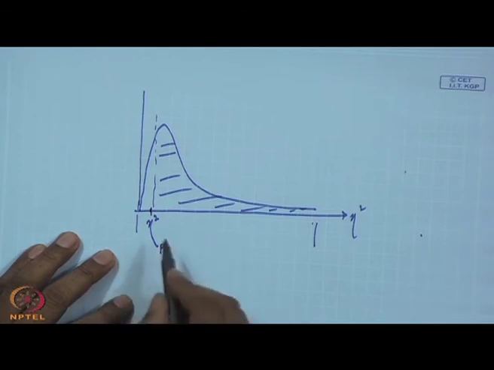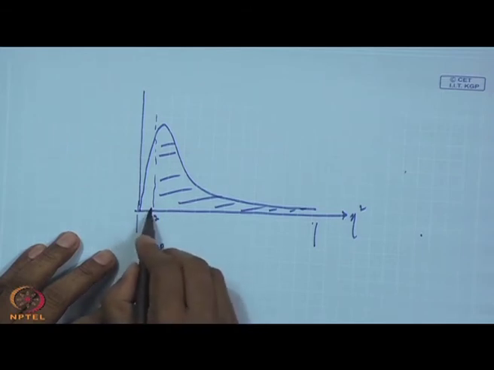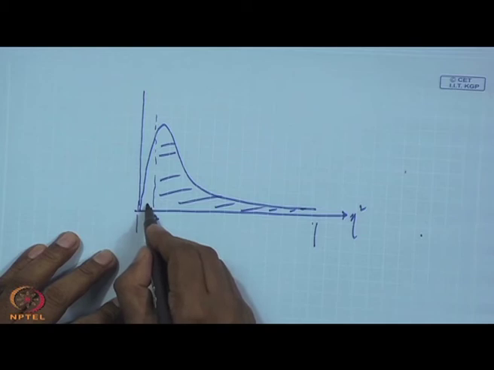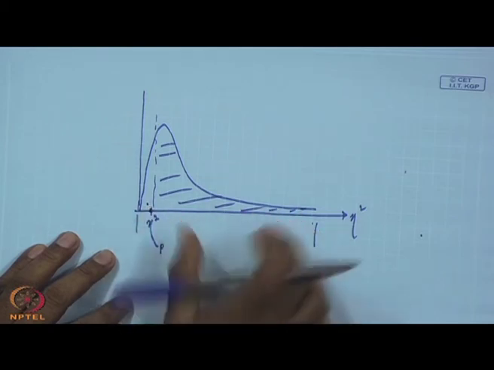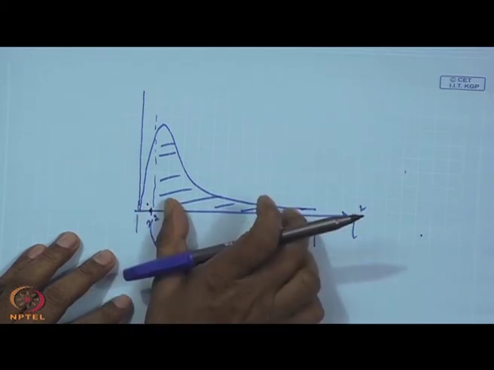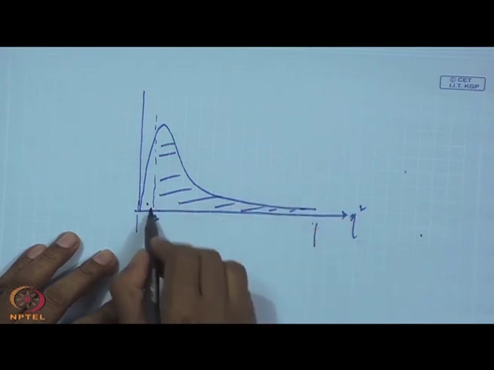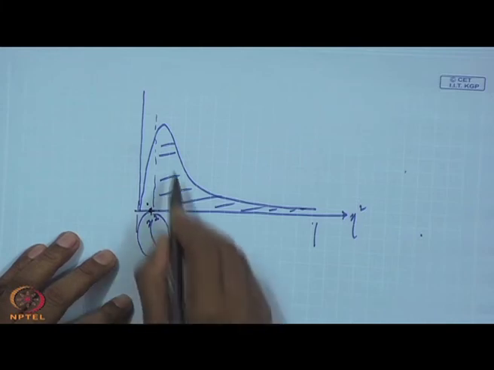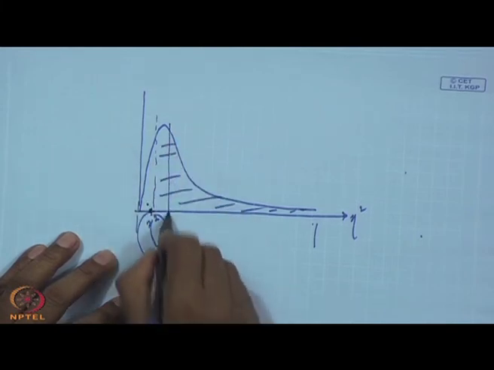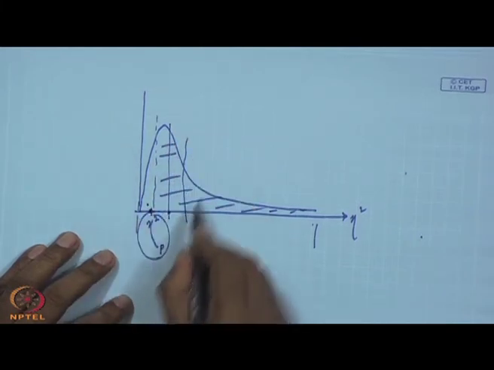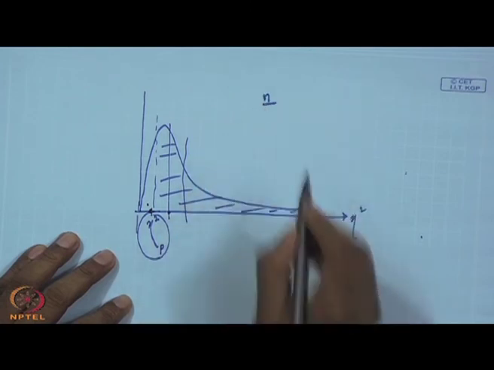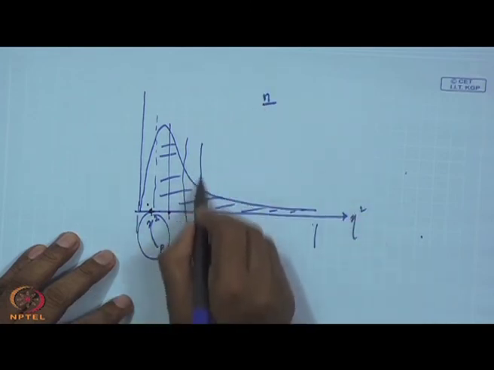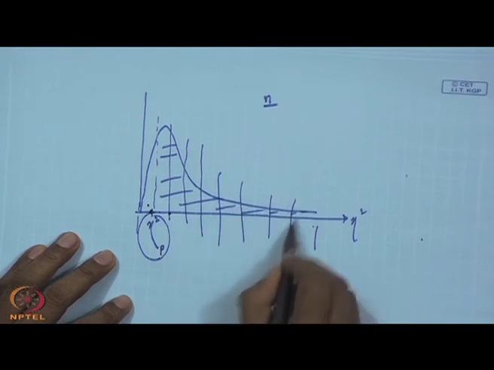If I know the probability of this, and subtract from 1, I will know the probability of this. So, with respect to this probability, from the chi-square table you will get this value. Similarly, you will get the second quantile value, the third quantile value, because you have n data points, so this chi-square axis is partitioned into n parts.